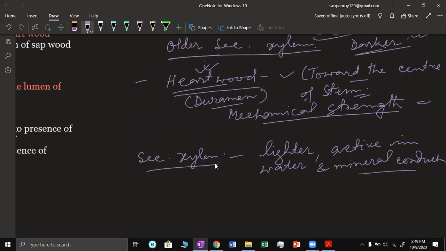This secondary xylem, which has formed recently, that is later formed secondary xylem, is known as sapwood.